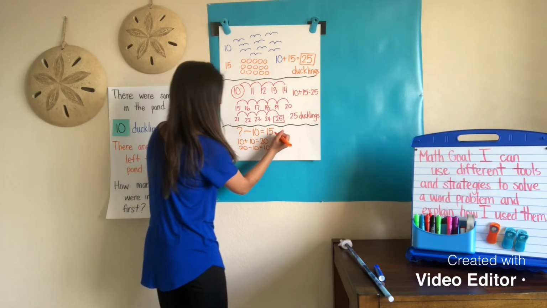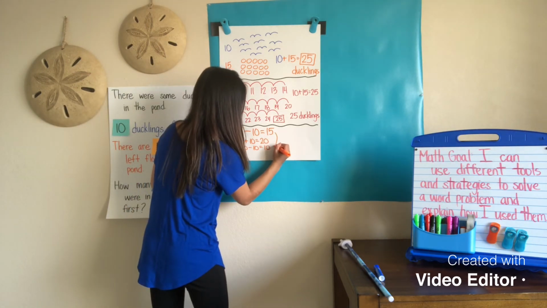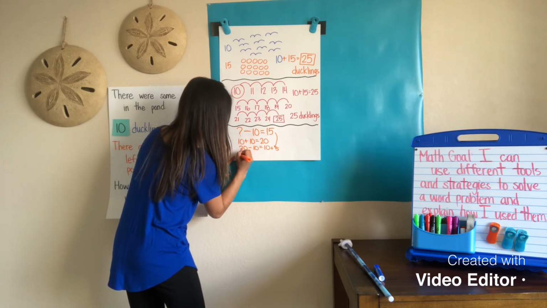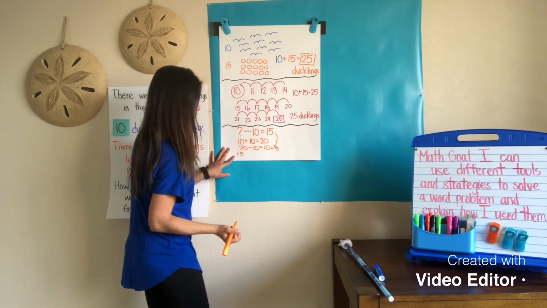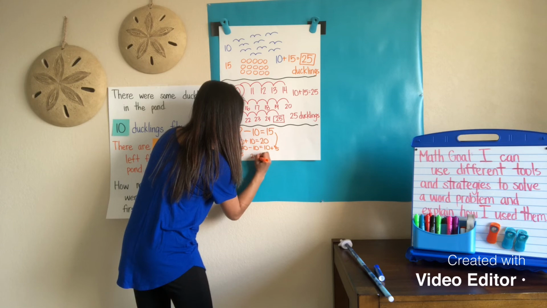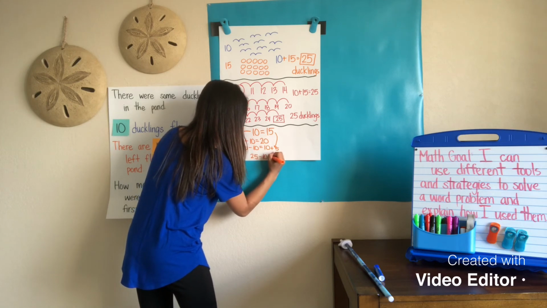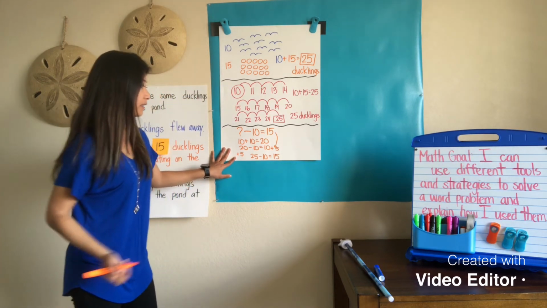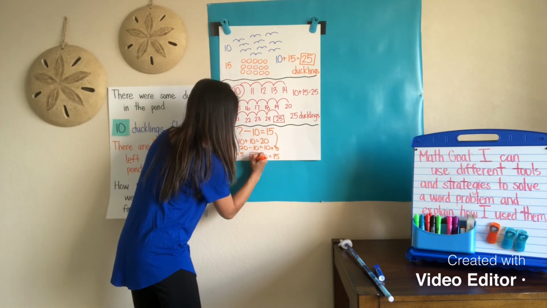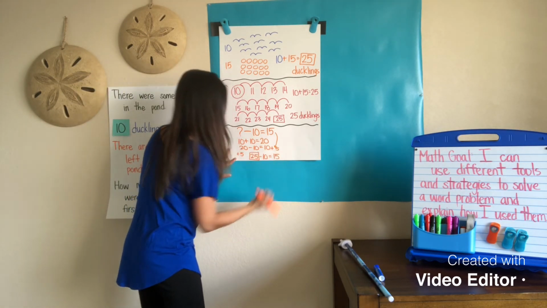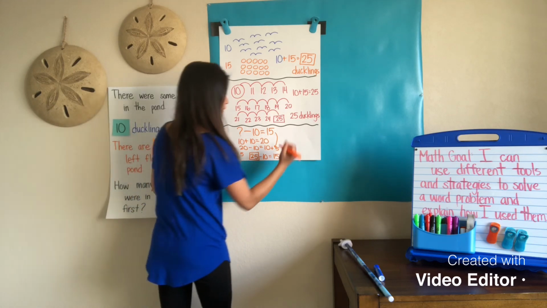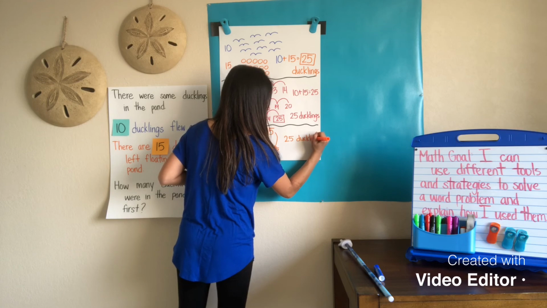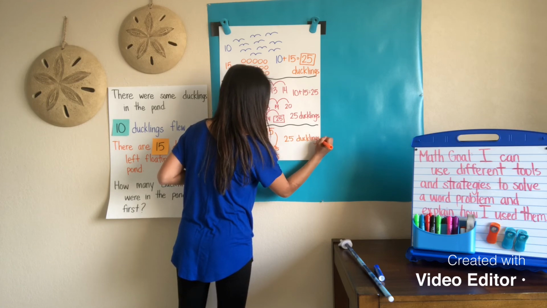So I'm going to add this 5 plus 5, and then I'm going to add plus 5 over here. So it's going to be 25 minus 10 equals 15. And then I would be able to solve for my unknown. And I would rewrite that with my label, 25 ducklings.